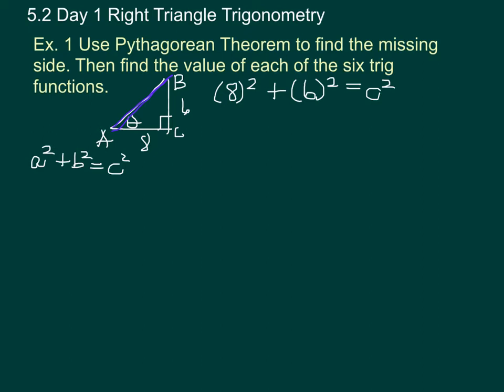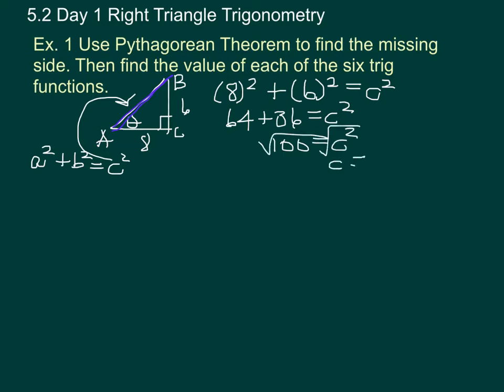C is always your hypotenuse. So we have 64 plus 36. Add those together, 100. You always square root both sides. If it comes out to be a perfect square, that's awesome. So C equals 10. So my hypotenuse is 10 units.